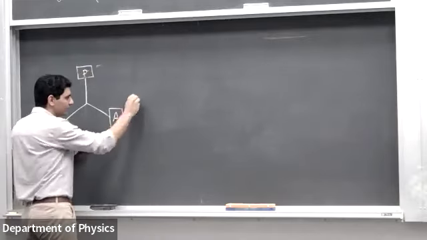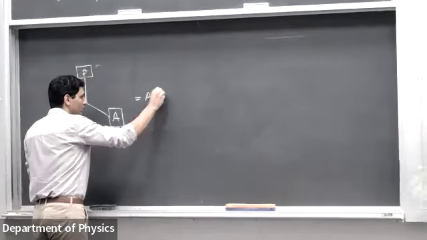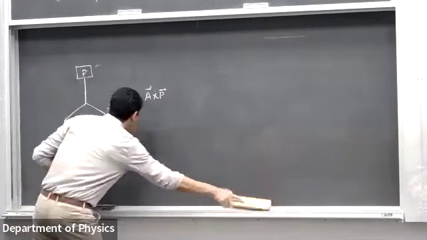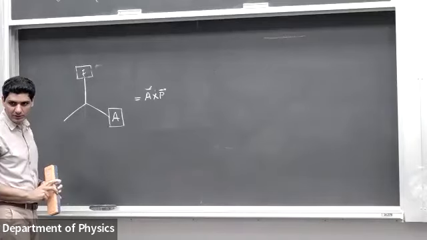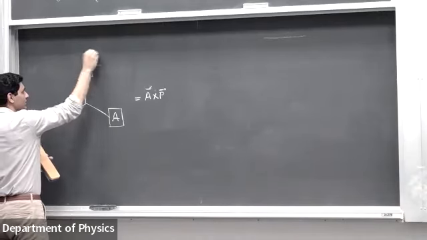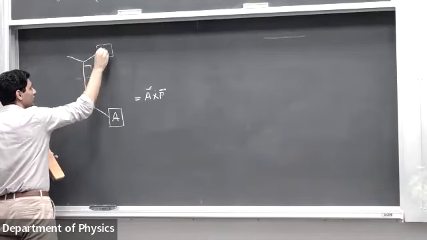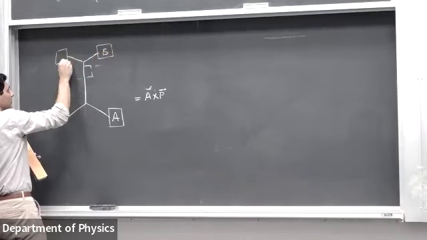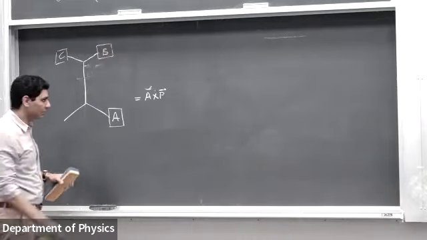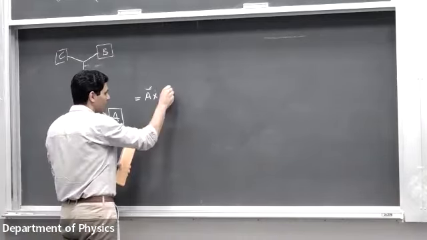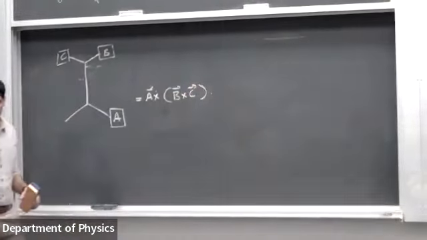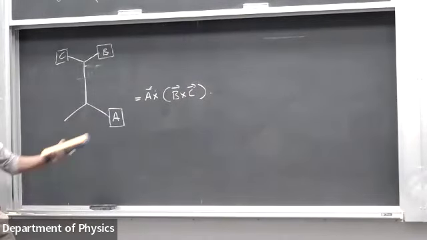A cross B. But upon closer inspection, if P itself is also a cross product, then what I have on the left-hand side is a triple product, like a double cross product.